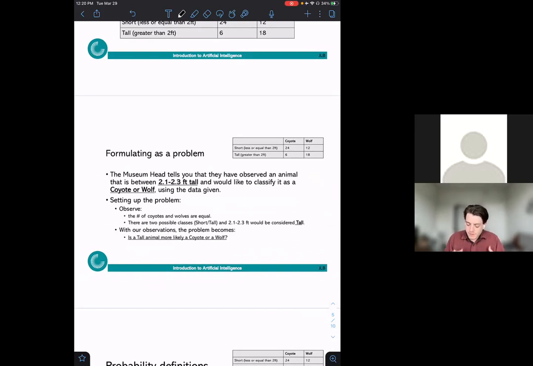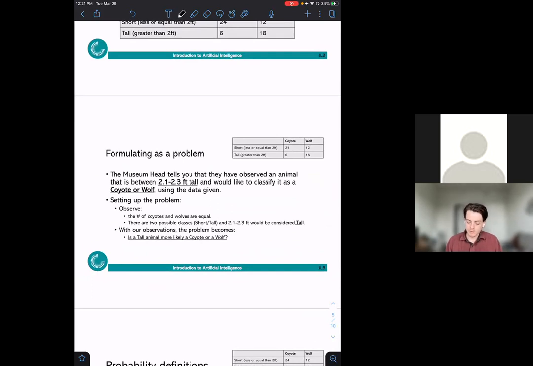The museum head tells us that the animal they observed is around 2.1 to 2.3 feet tall. We have a data set that gives us either short or tall coyotes or wolves, so we know that 2.1 to 2.3 would be classified as a tall animal.